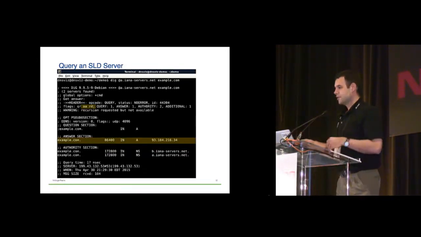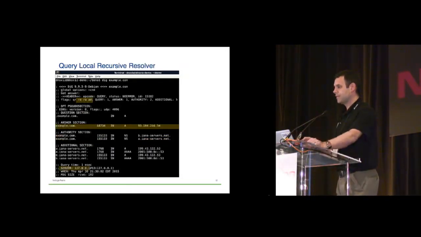Okay. All right. So the last exercise in this section was to query a local recursive resolver, and in this case, because we didn't specify which one, it's looking in your resolv.conf for whatever your default is. In this case, it's actually a recursive server that's running on your virtual machine.